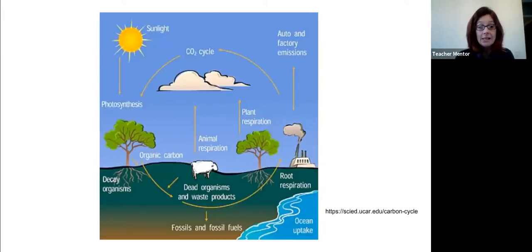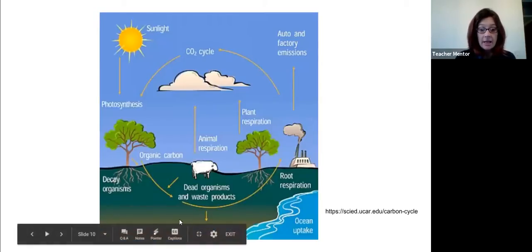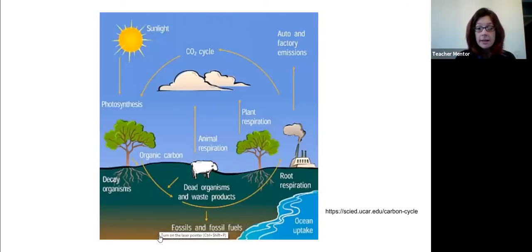Okay, here is a picture I found that I believe was included in your lesson for biology. This shows the carbon cycle. And again, it can be a little overwhelming, but if you take it step by step, it makes a lot of sense.